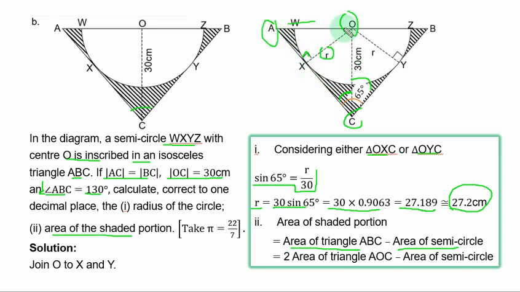Now taking it from here, AC is hypotenuse, OA is opposite, and OC is adjacent. That must be tan. So we use tangent of 65 degrees along OA and OC to get OA.